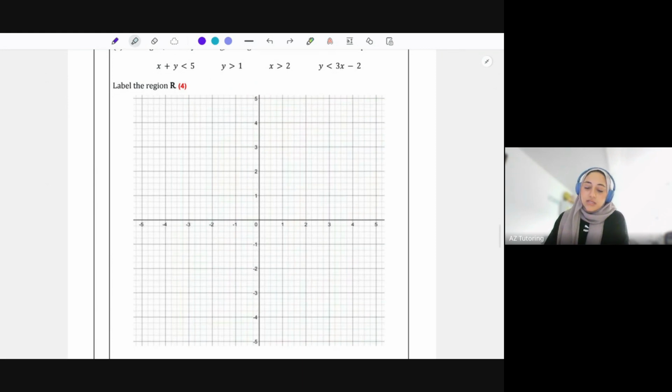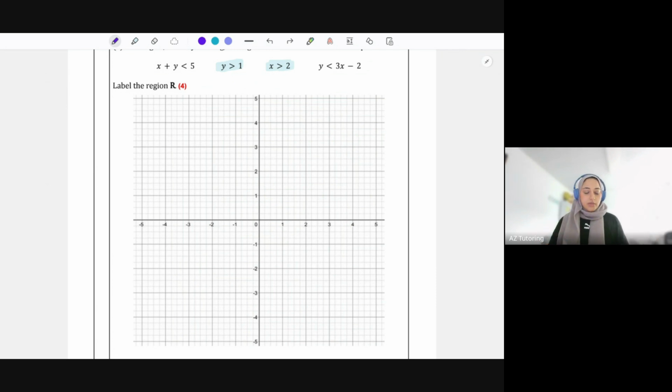I'm going to deal with the easy ones first, which are these 2 here. So y is more than 1. We're basically drawing the graph y equals 1. So where is y equals 1? Here's the y-axis over here. Remember your y lines are always horizontal lines.